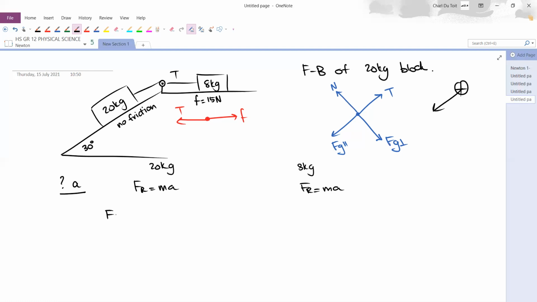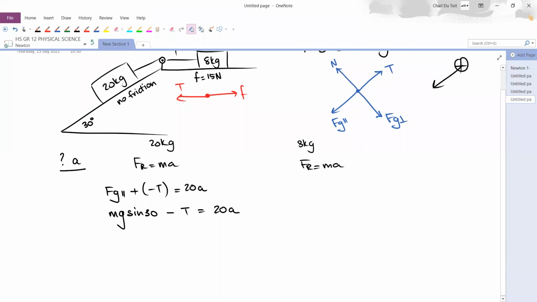So my FG parallel component is positive, and I have a negative tension in the rope. There's no friction, and that equals 20 times A. So FG parallel is mg sine 30 minus tension in the rope is 20A. Okay.